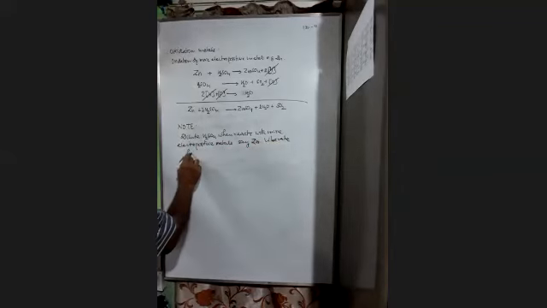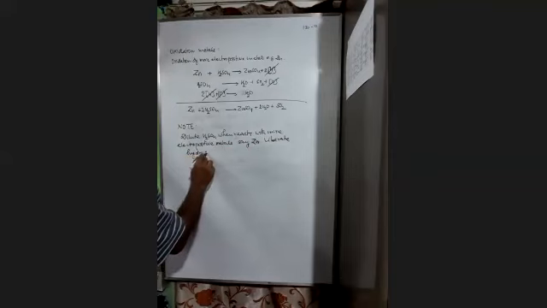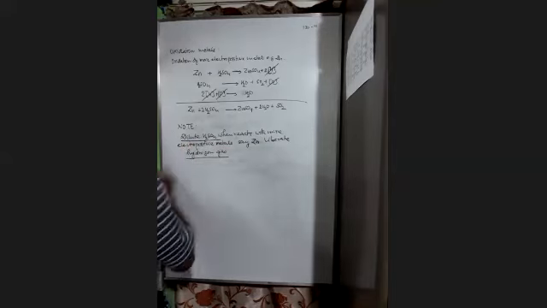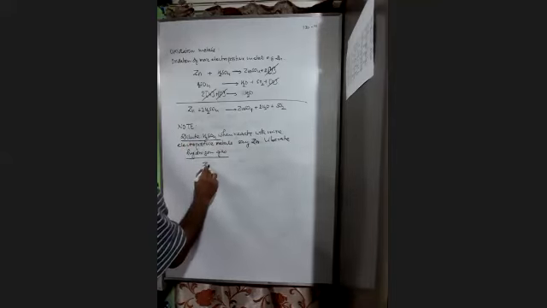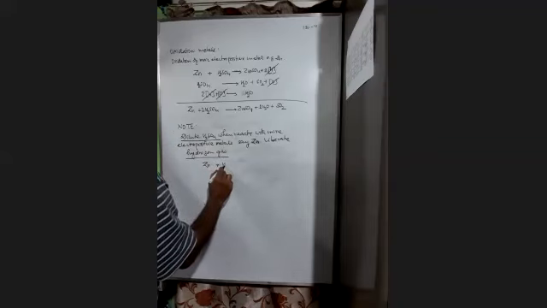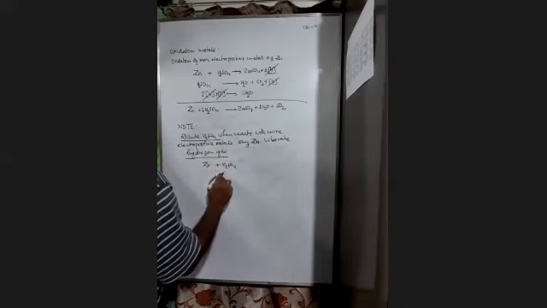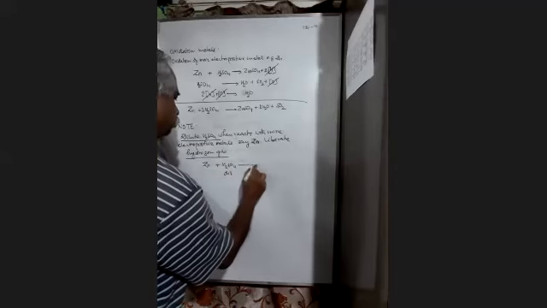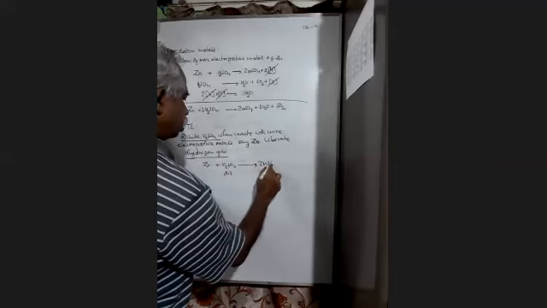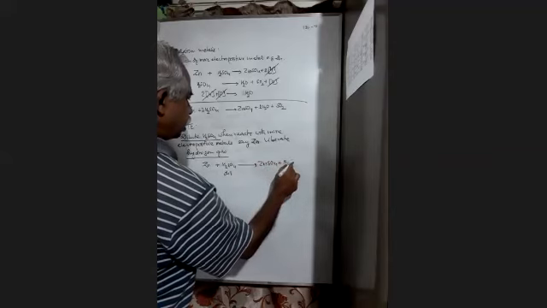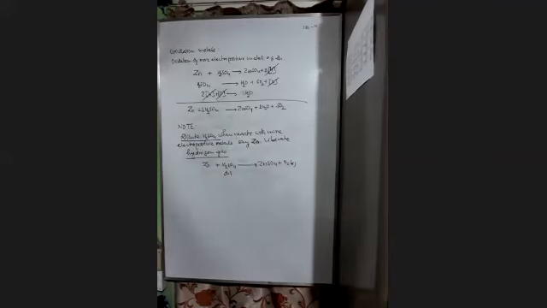Liberate hydrogen gas. See here. So zinc plus H2SO4 dilute. It will give you zinc sulfate and hydrogen gas. Remember. But concentrated, what does it give? It doesn't give hydrogen. It gives sulfur dioxide.